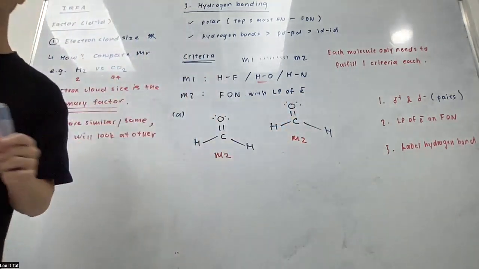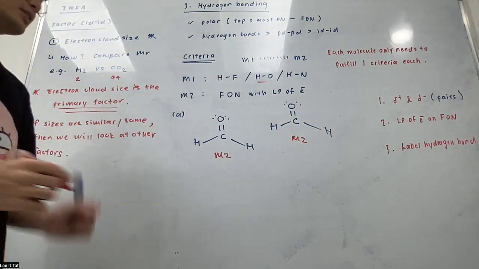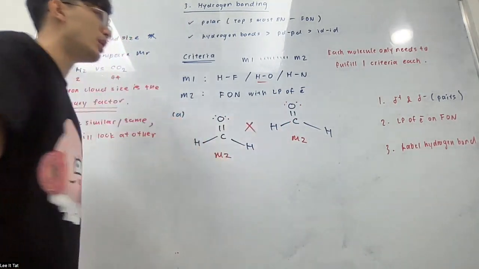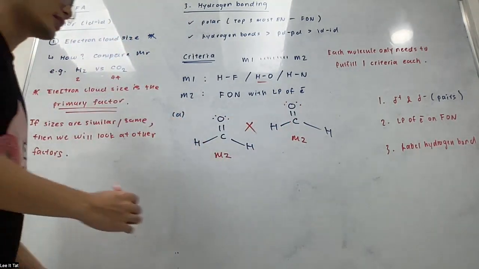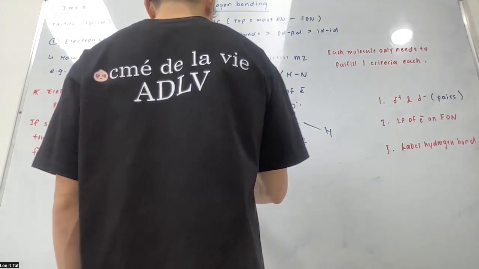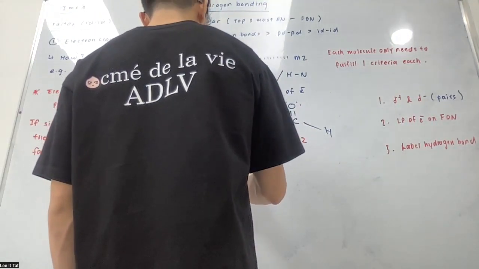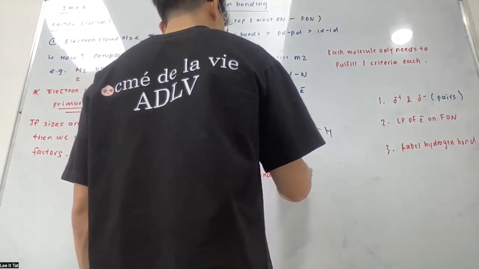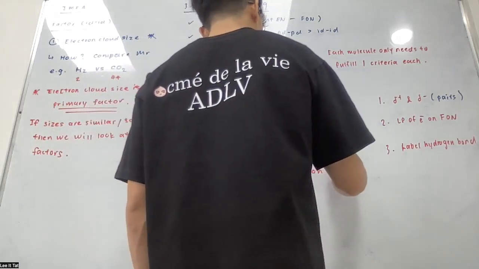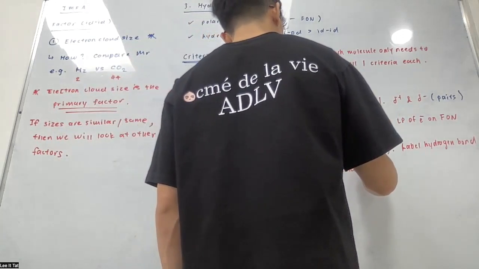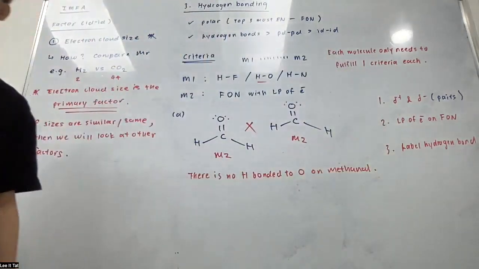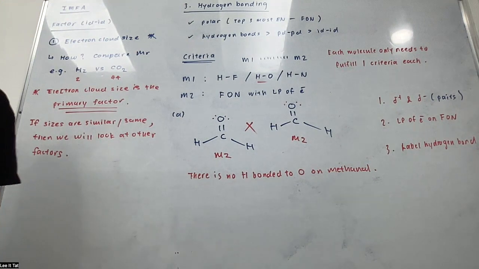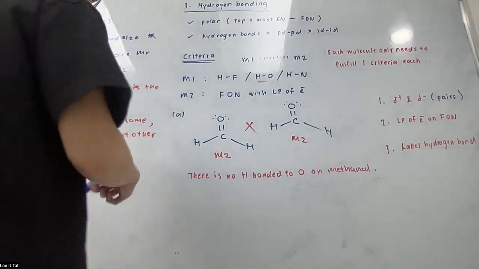There's no H bonded to O. That is the problem. So if both of them are molecule 2, there's no hydrogen bonding here. To explain this, you can just very simply say there is no H bonded to O on methanol. Then you can consider part B now. All right, I'll give you guys like 2 minutes to consider.